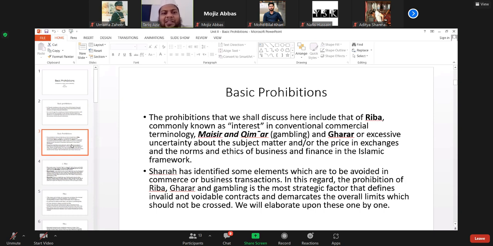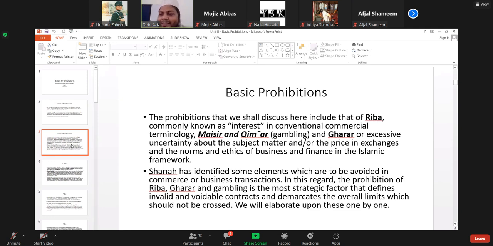Apart from these three prohibitions, that is riba, maysir, and gharar, there is also the concept of business ethics, of ethics or morality in the Islamic framework. Even if something is allowed from the Sharia point of view, it may be contrary to the ethics and morality of the Sharia.